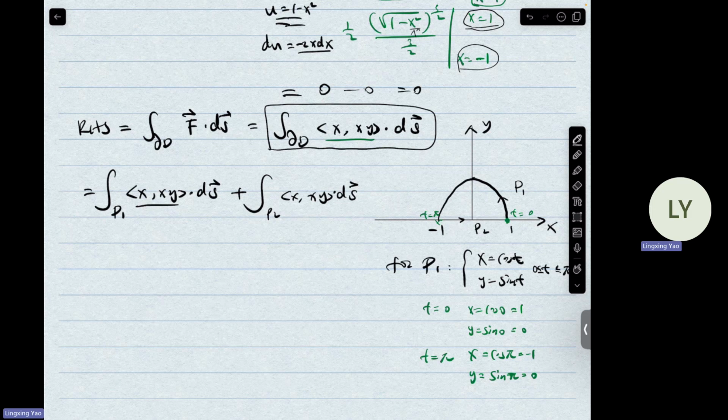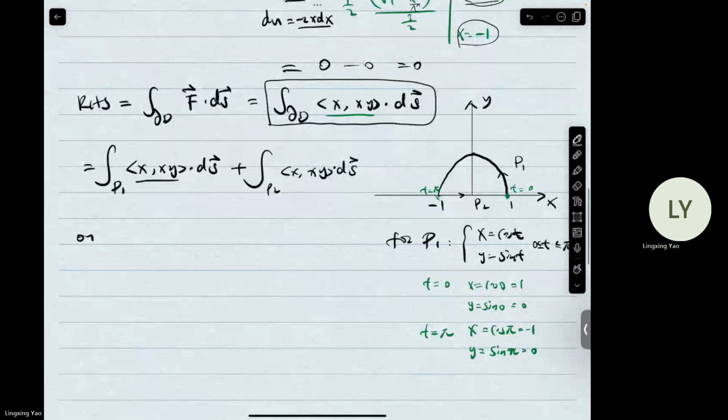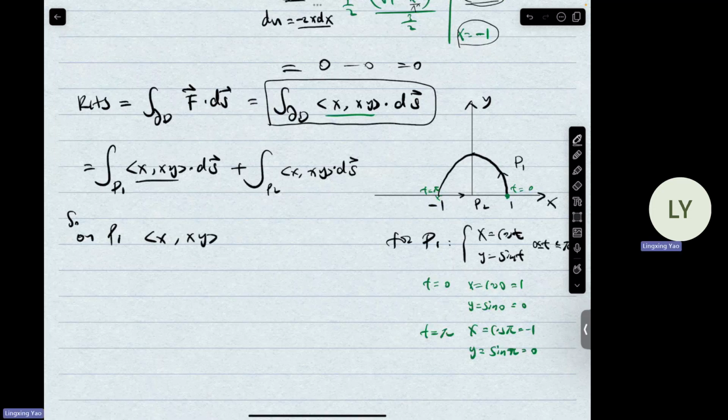On P1, this vector field has to be evaluated exactly on this path that is parameterized by cosine t and sine t. So what we should do is just plug them in. So this is cosine t and cosine t times sine t.